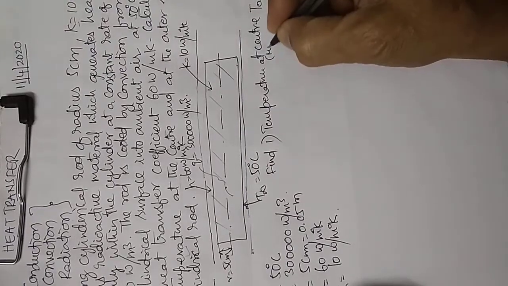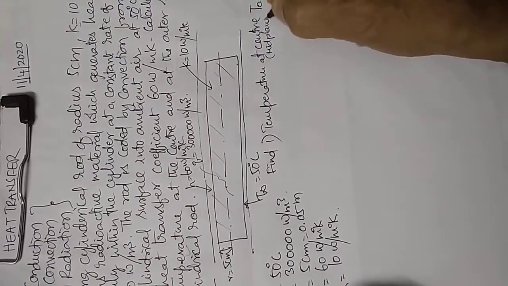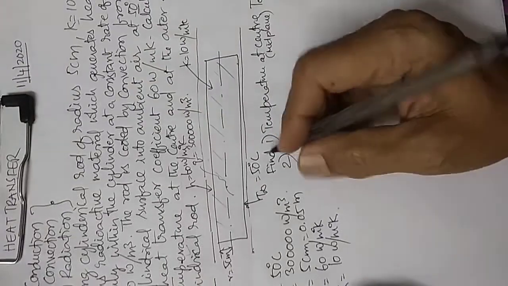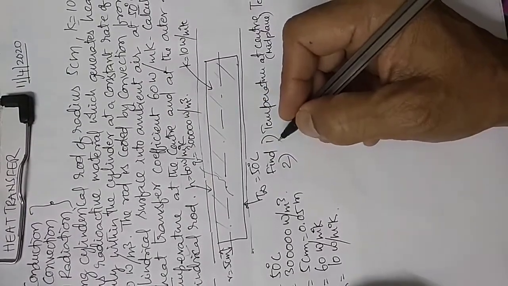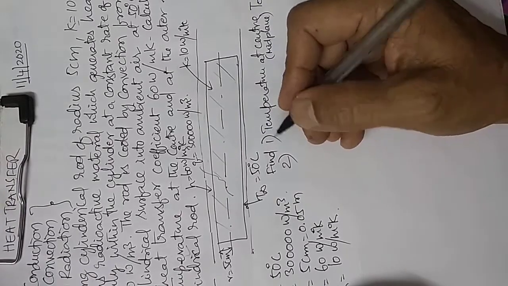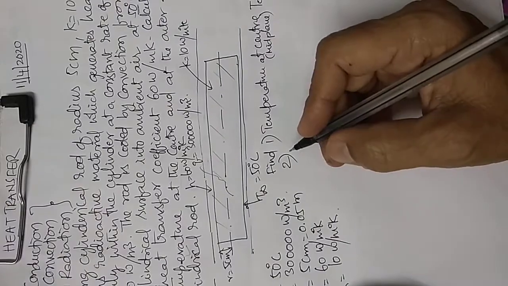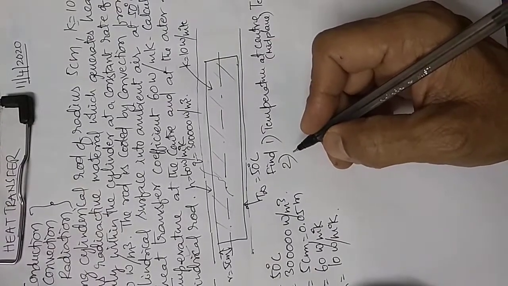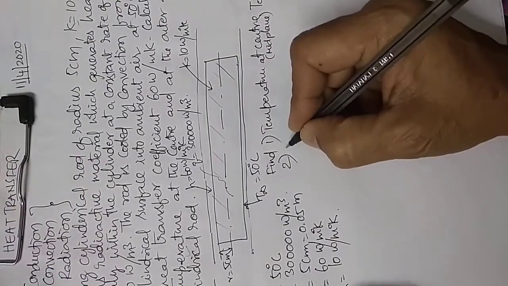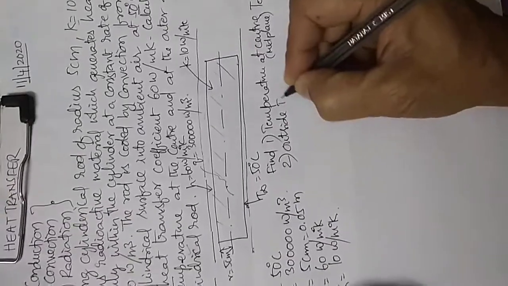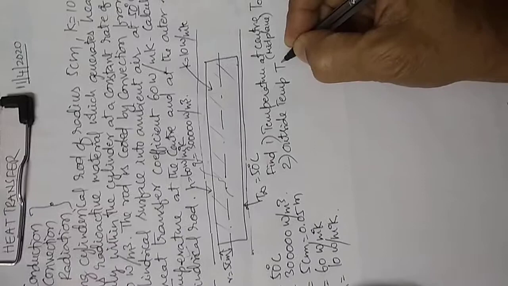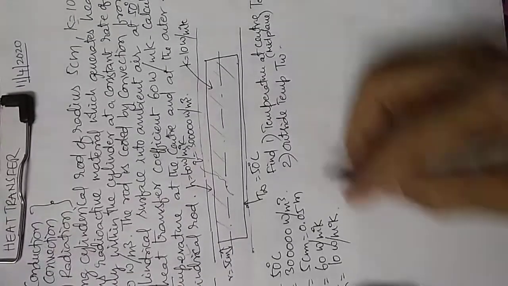We can call it the mid plane also. That is the temperature we have to find out. And second, we have to find the temperature at the outer surface, TW. We can call it the wall temperature also. So we need to calculate the outside temperature, which is TW.